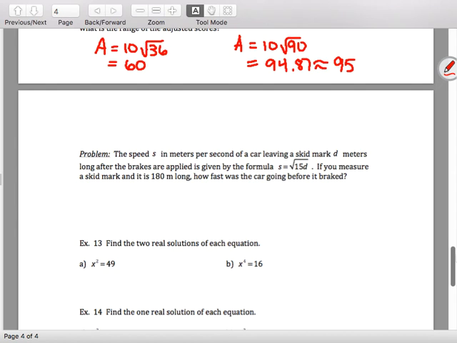But here's another problem. It says the speed S in meters per second of a car leaving a skid mark d meters long after the brakes are applied is given by this formula. S, the speed, equals the square root of 15d. So I want you to think here a moment. When there's an accident, sometimes people lie about how fast they were going.